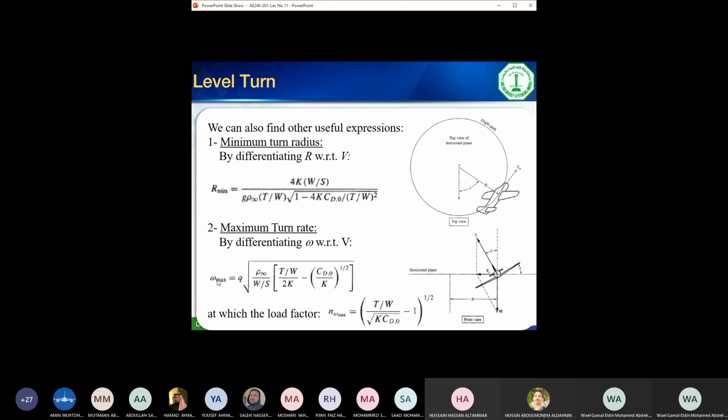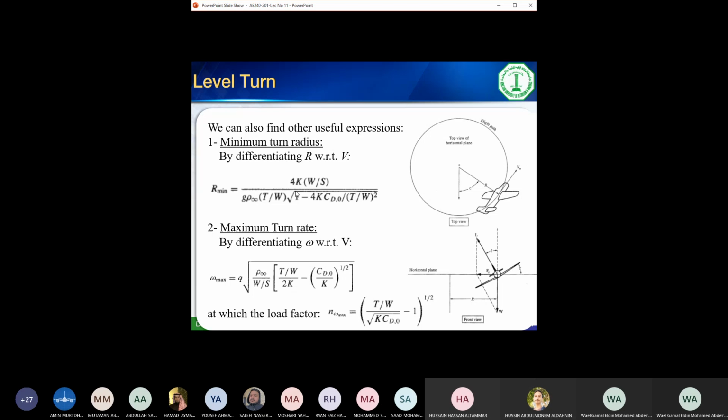If I have the expression for omega, I can differentiate it with respect to V and find when it is going to be maximum, because that's also a good thing. The faster the aircraft in the turn, the better. This derivation requires 2 steps, and it's left as an exercise in the homework.